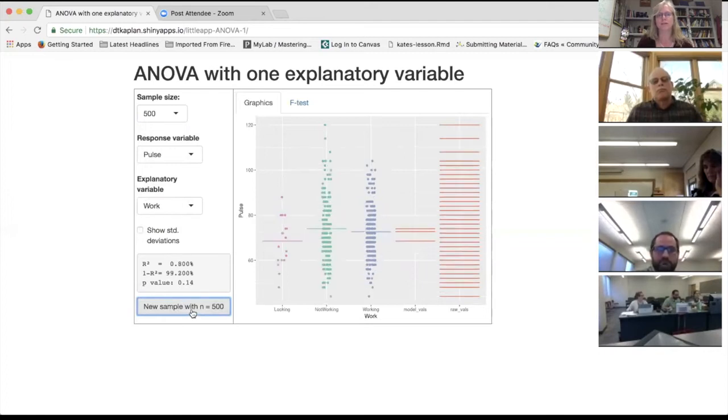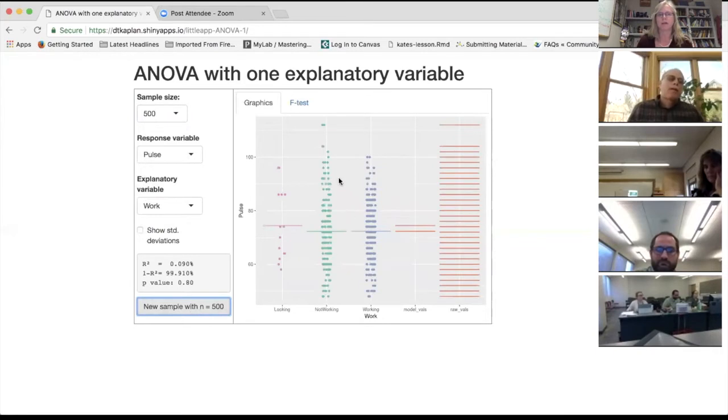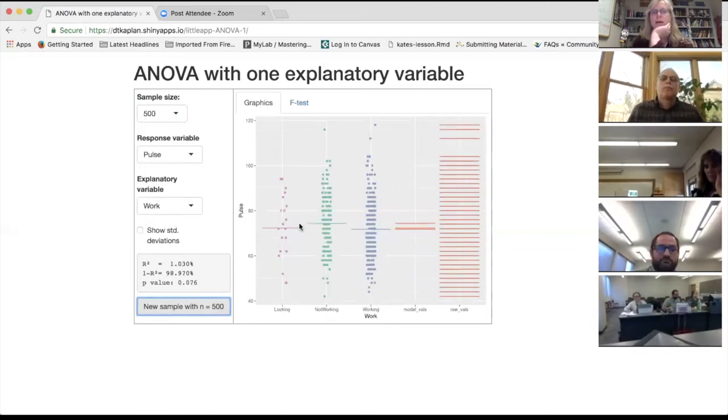So you can kind of see what's going on with those. And so then we talk about, well, what is actually a measure of that spread that we're seeing? So here we see the spread, but we don't see a lot of change in the means when we have a larger sample. And so you can talk about what that spread is. Here you can see the spread is fairly big. This is basically looking at all the data and what the spread is of all the data.